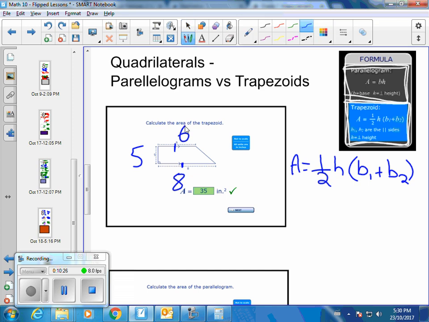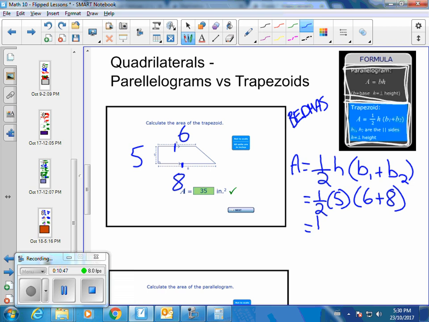So what we got to do is start punching stuff in. So we know what our height is. We know that our height is 5. 1/2 times 5 times our bases are 6 and 8. So 6 plus 8. Now we have to start following our order of operations here.